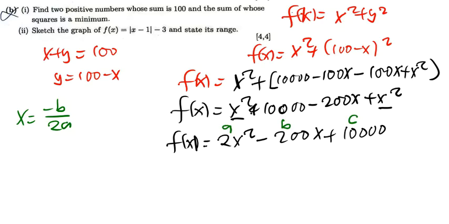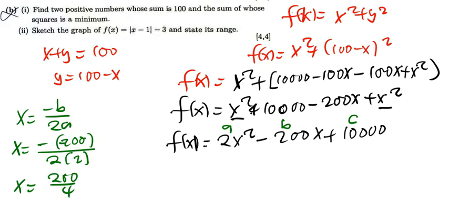So I have x equal to negative, my b is negative 200, then my a is 2. So I can clearly see that x will be equal to positive 200 divided by 4. Therefore x is 50. So the value of x is 50.